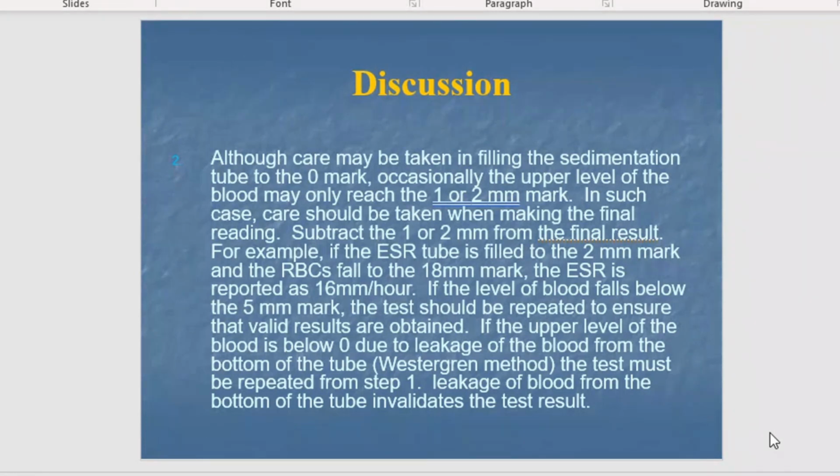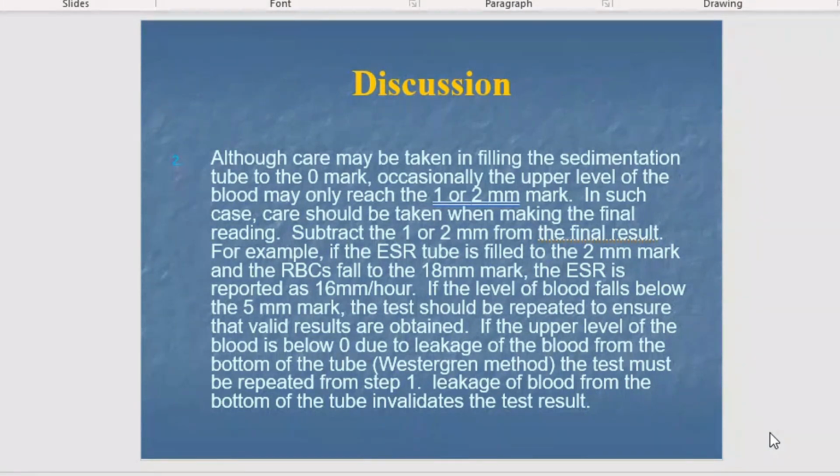Occasionally the upper level of the blood may only reach the 1 or 2 millimeter mark. In such cases, care should be taken when making the final reading: subtract the 1 or 2 millimeters from the final result.